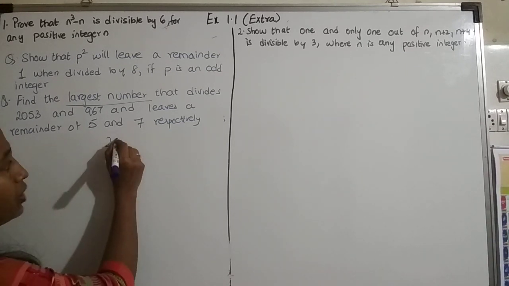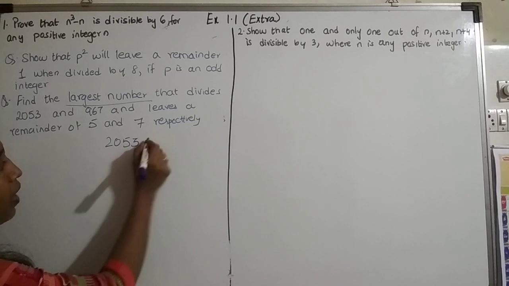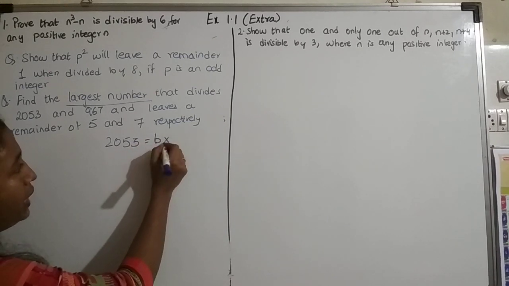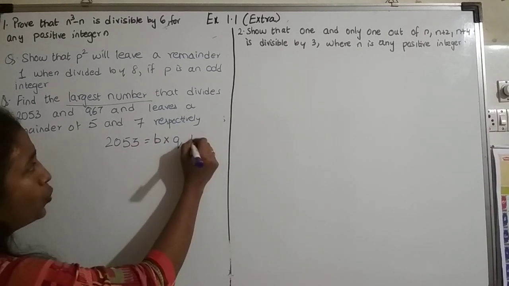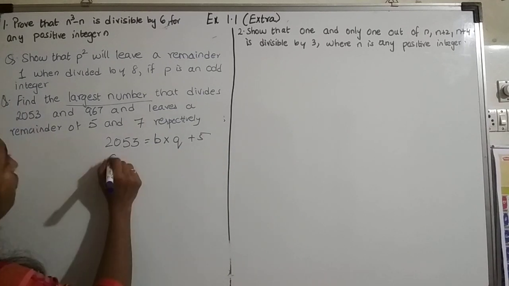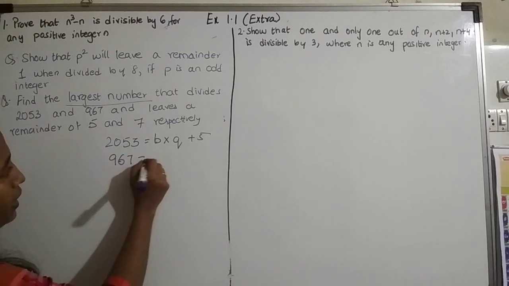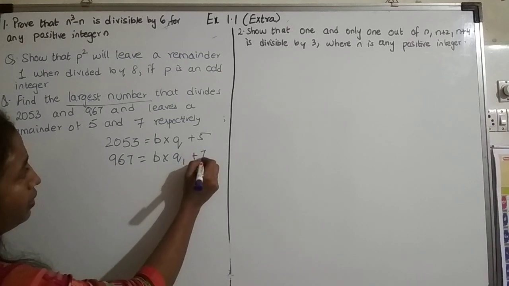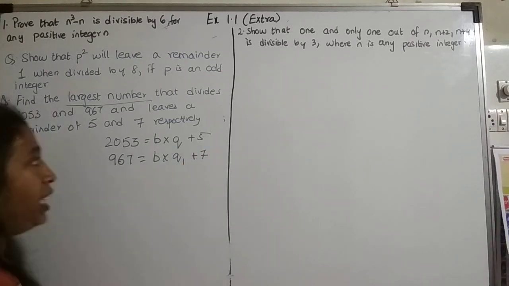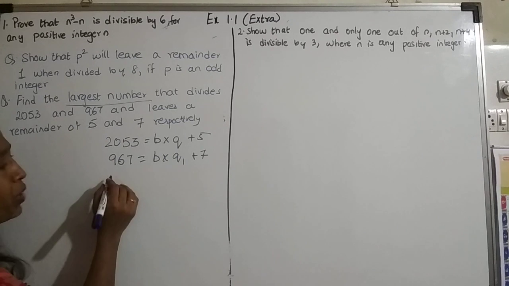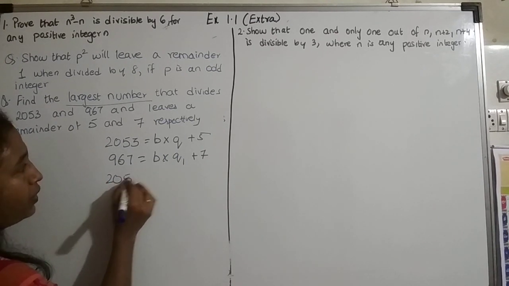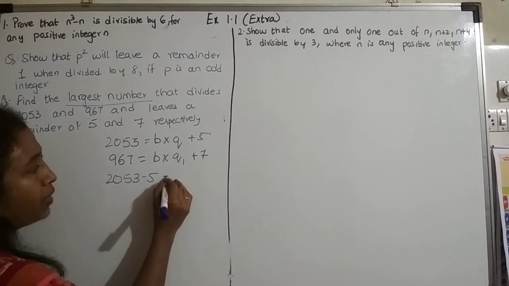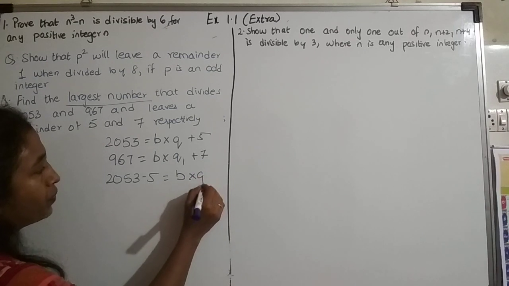If I write it in the form of Euclid's division lemma, 2053 is b into, let's take the quotient as q, plus 5. And for 967, I take the same divisor b, let the quotient be q1 and the remainder is 7. If I take this 5 to this side, I get 2053 minus 5 equal to b into q.